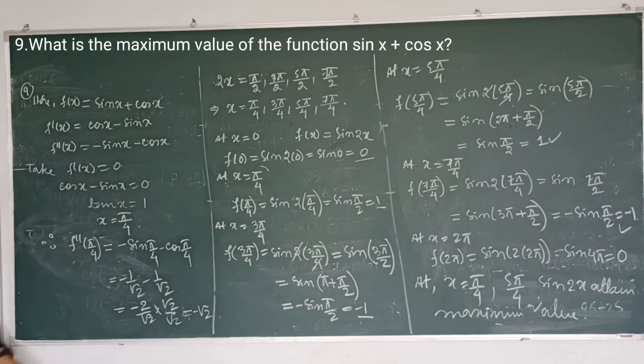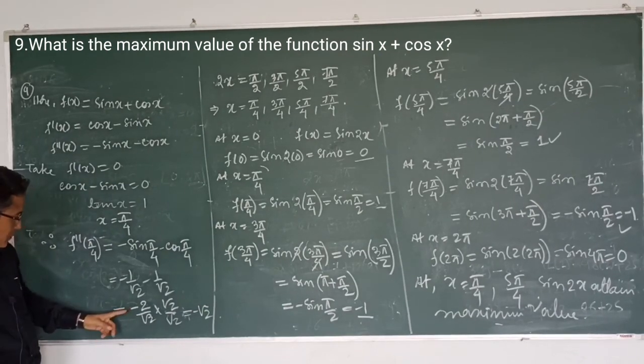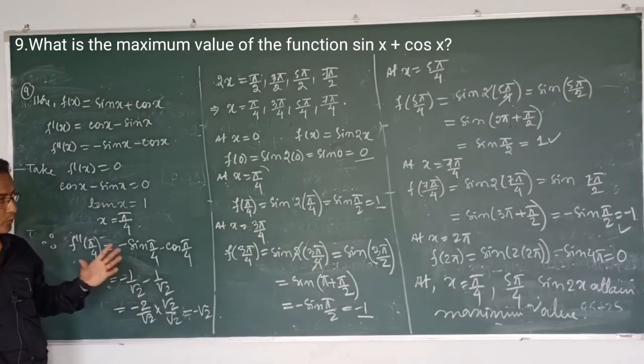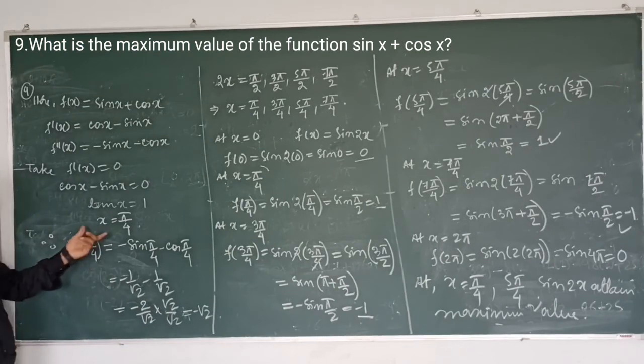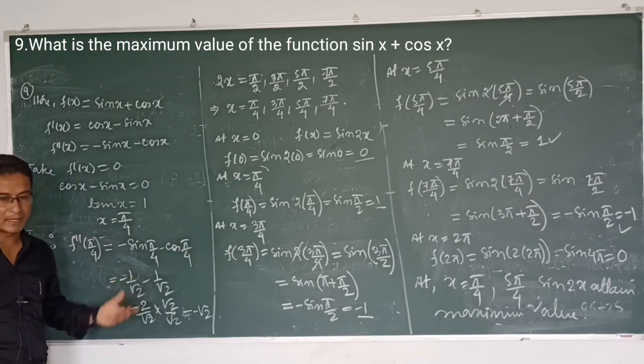That means if we get a minus value, then we say that x equal to pi by 4 is a point of maxima.